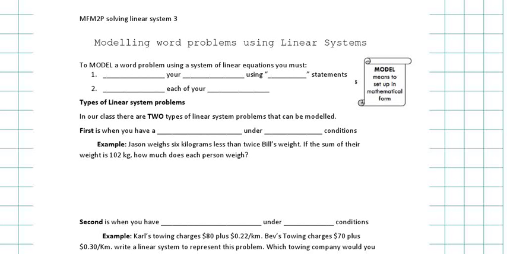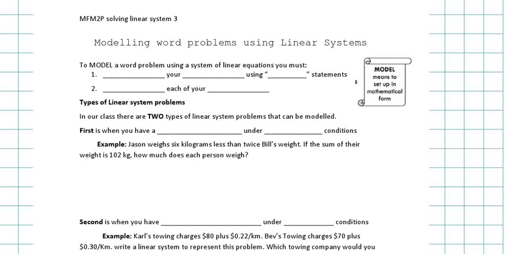To model a word problem, remember we always have y and x. Y could be the height of something, x could be the time. We give these things letters so they can represent them.